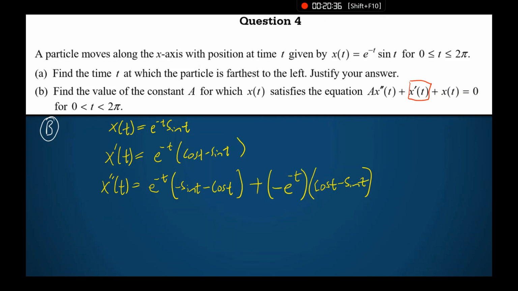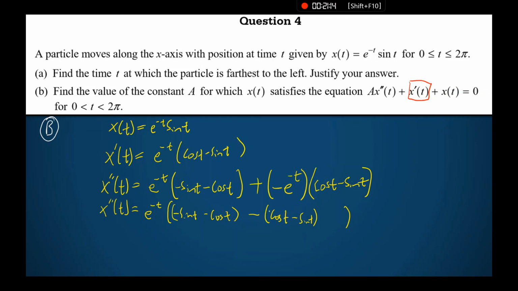Okay. So we can simplify this a little bit. I could factor out my e to the negative t's again, and that would leave me with this. X prime prime of t is equal to e to the negative t times negative sine t minus cosine t minus cosine t minus sine t, which if you'll notice we can combine these.